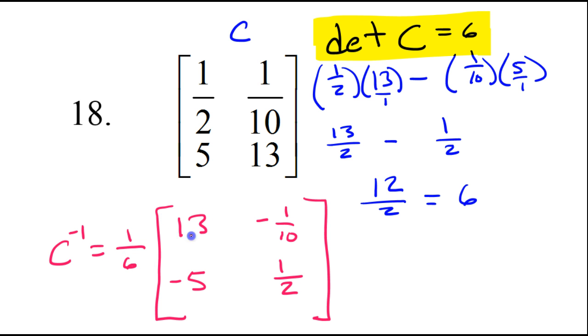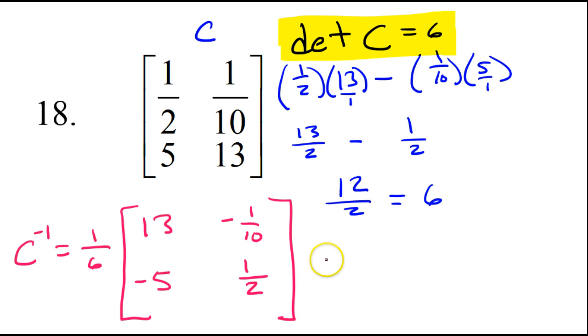So all I have to do is multiply all of these elements by the scalar of 1/6, and that will be my answer. So C inverse is going to equal 1/6 times 13 is 13/6. 1/6 times -1/10 is going to be -1/60.